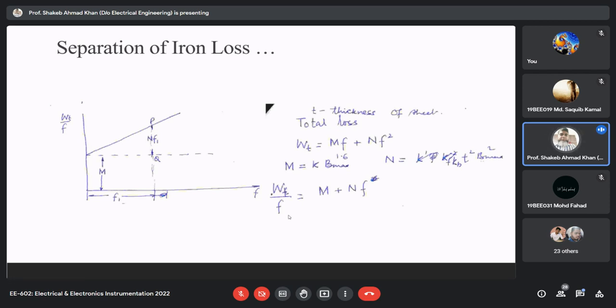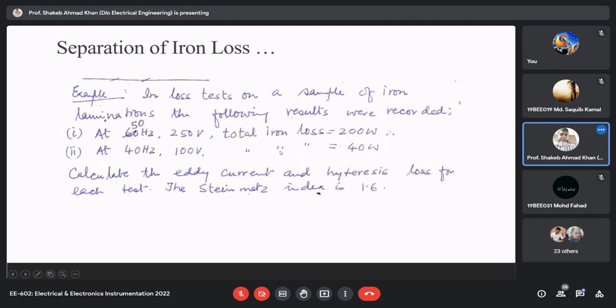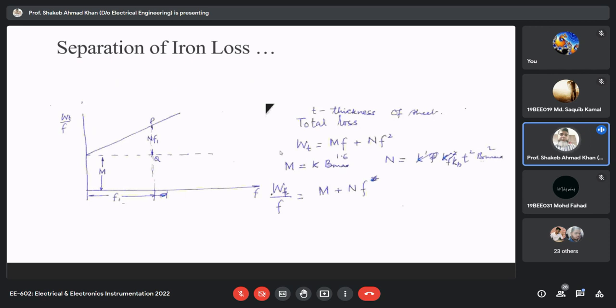If anybody is having a question on these points, you can ask please. Okay. Whatever I have discussed is explained here. Now we'll solve one problem. We have two methods.